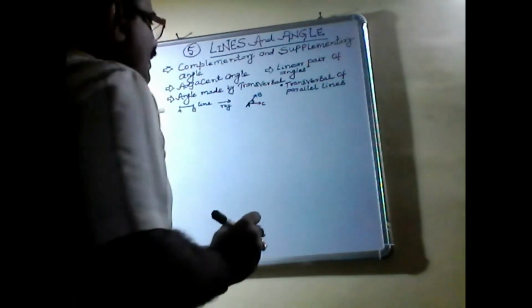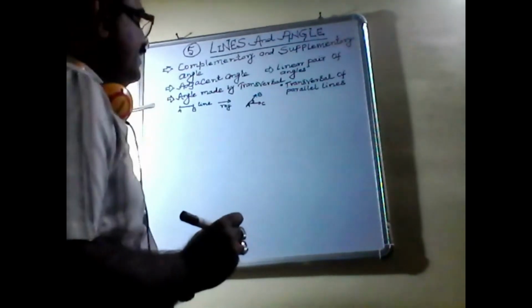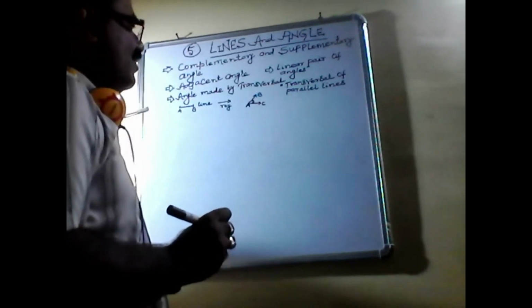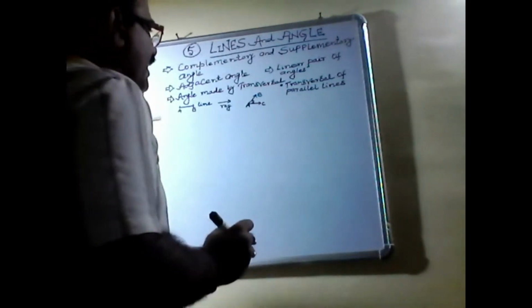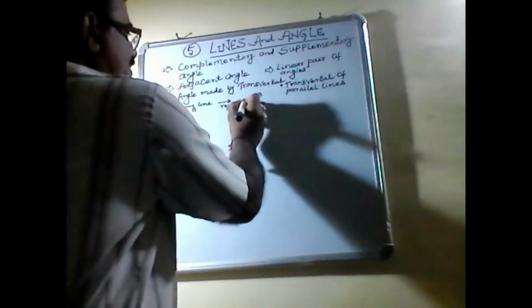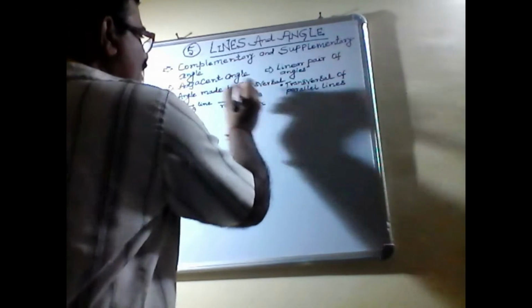So an angle is the inclination of two line segments which meet at a fixed vertex. An angle has one vertex and two arms.